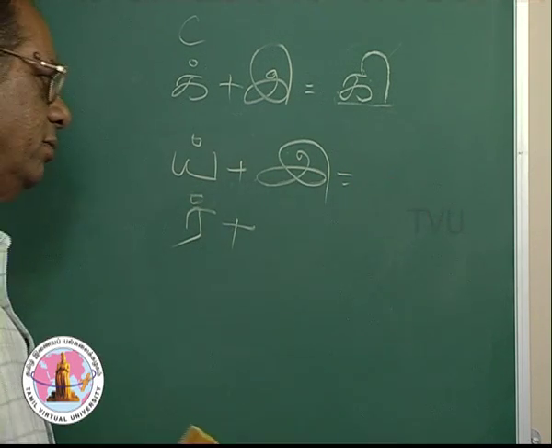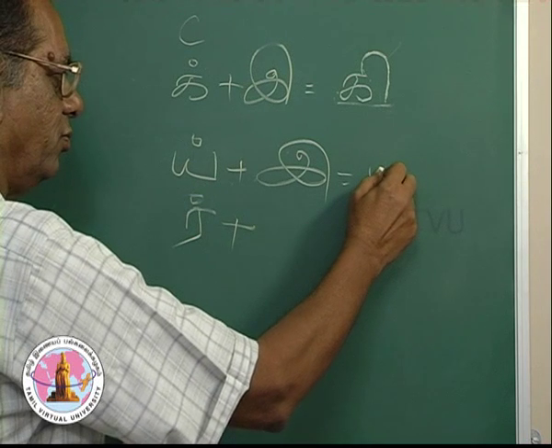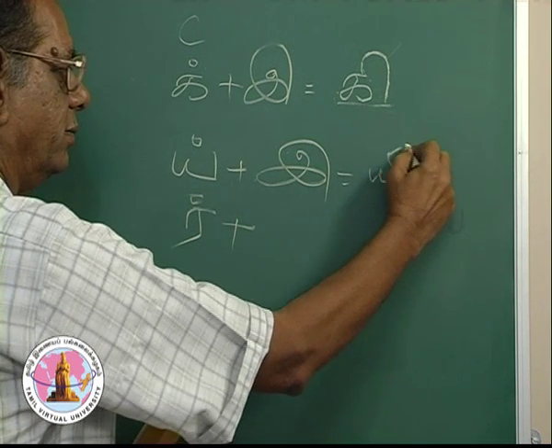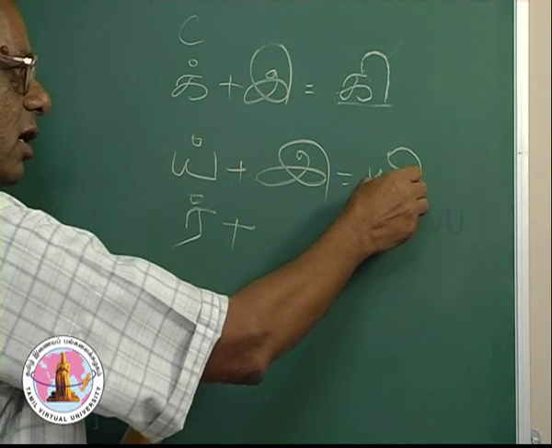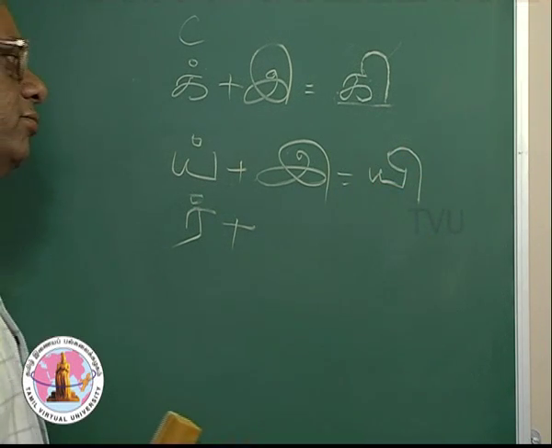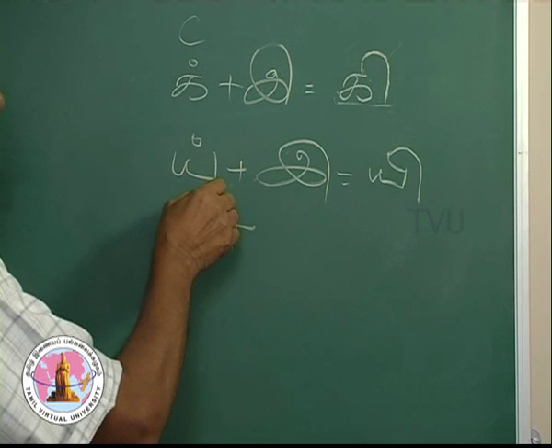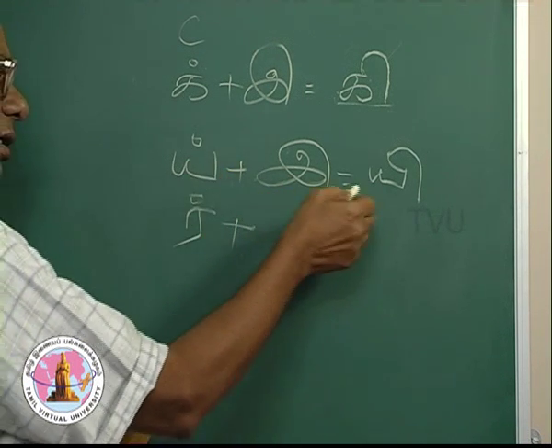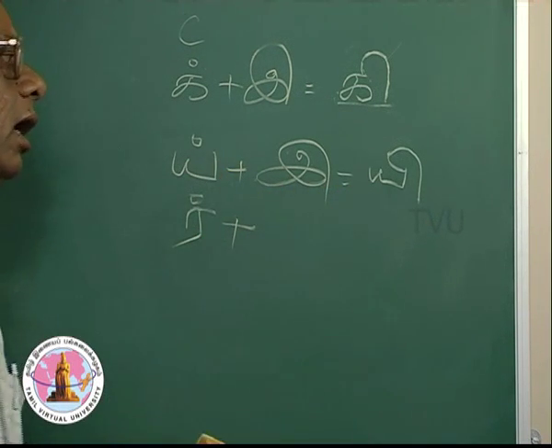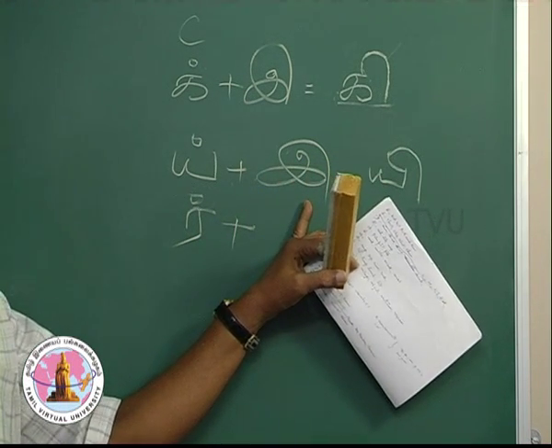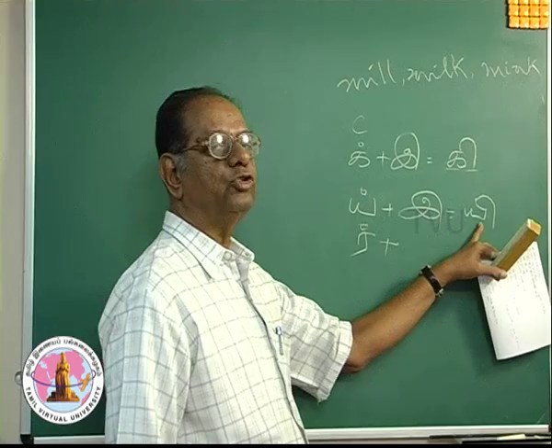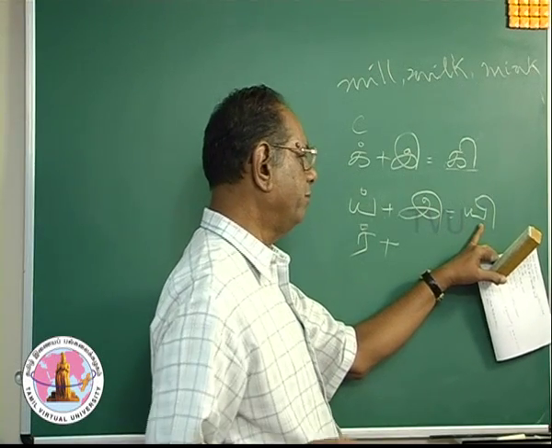You put a vowel and it becomes yi. Please note, I start from the right end. This yi is a back vowel and i happens to be a middle one.